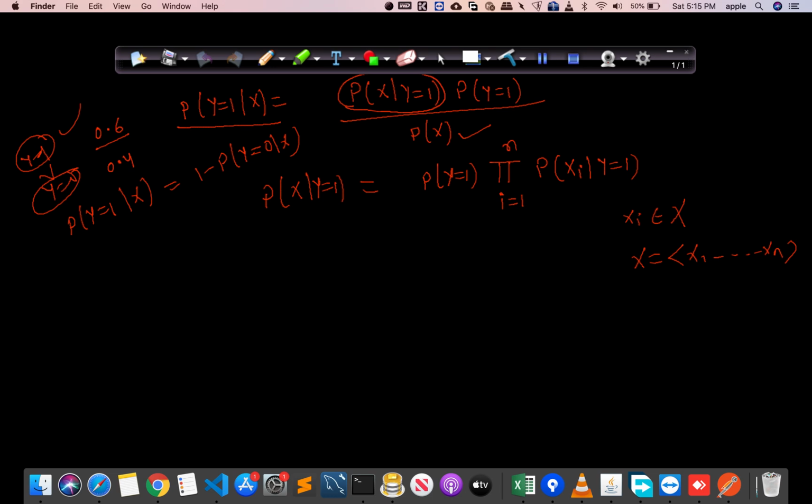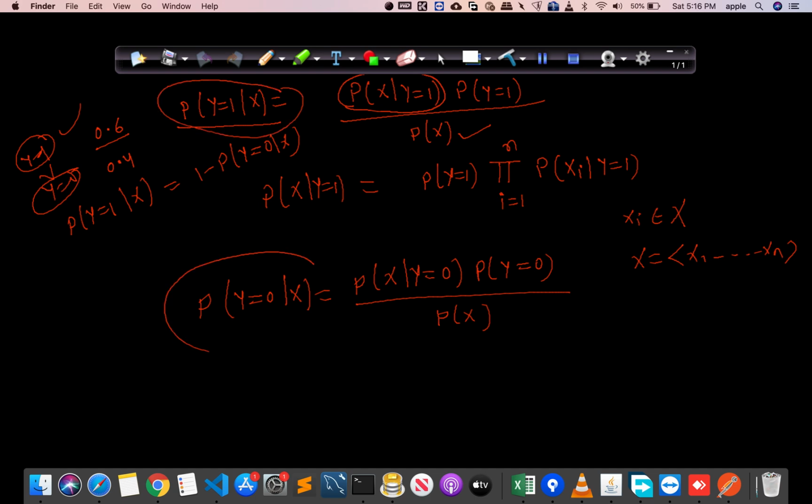Now, this means we just have to compare the probabilities and we don't have to find the absolute values. For example, for y equals 0 given x, we will also have the same equation here: probability of x given y equals 0, times probability of y equals 0, divided by probability of x. Now if you want to compare this term with this term, the denominator is the same in both. The prior we can easily get from the training set just by counting the number of points.